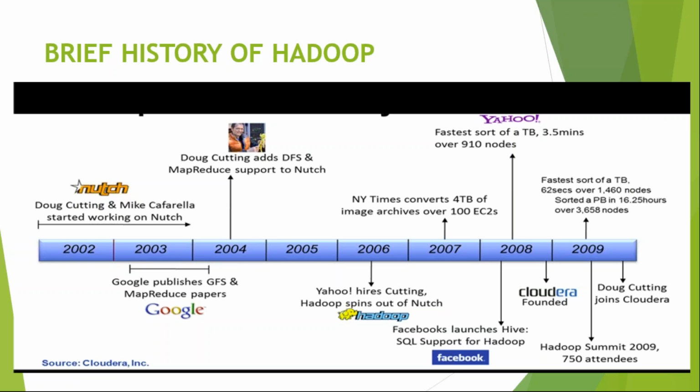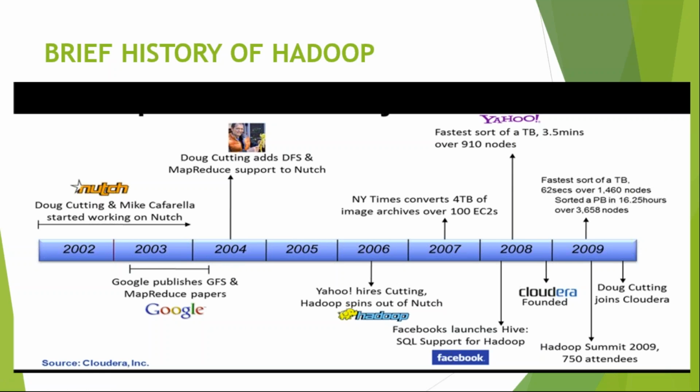At the same time, there was Google. Actually, the original origin of Hadoop is Google. In 2003, Google launched a white paper. It is a white paper, guys.